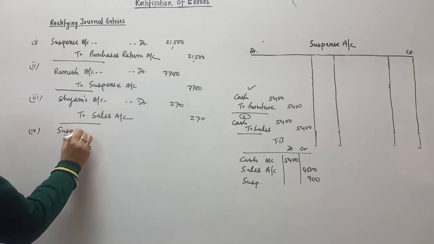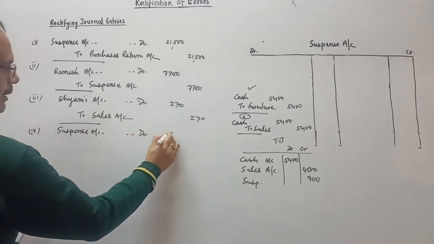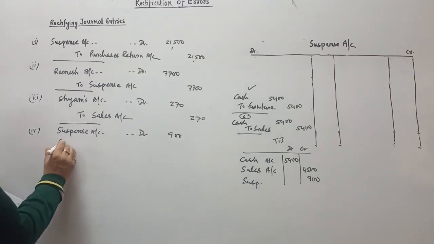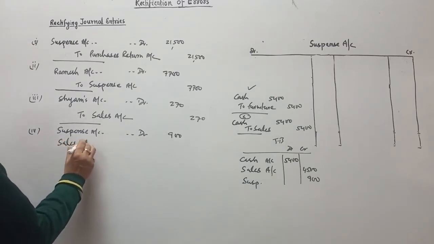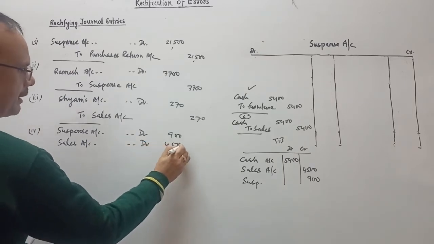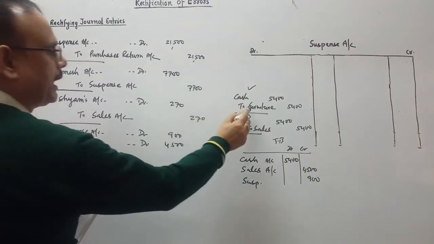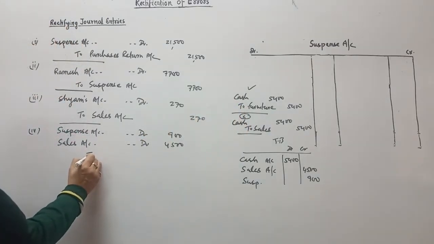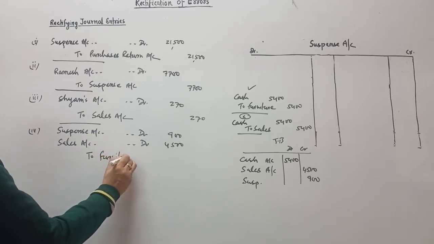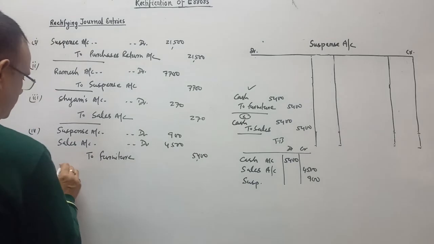The suspense account will be debited first to cancel the suspense, 900. Sales, which is credited, we have to cancel because it's the wrong account we have opened, 4,500. We have to cancel this account, and the right entry we have to place at the right position, and furniture should be at the right place with the amount of 5,400.